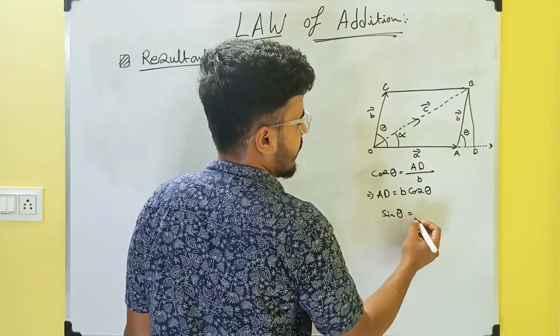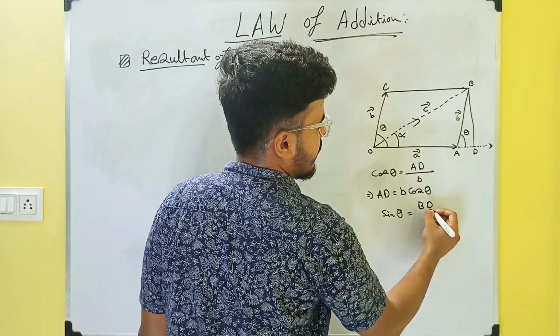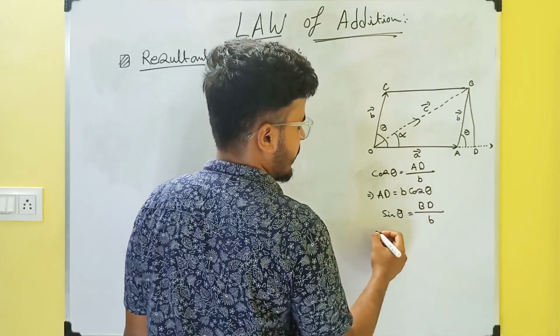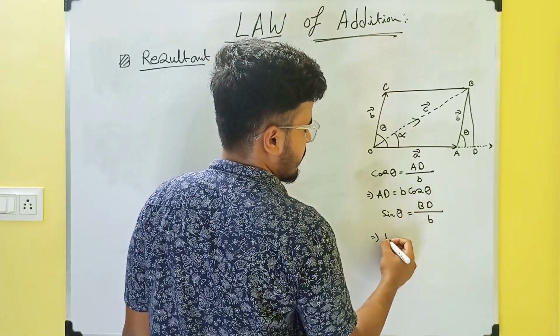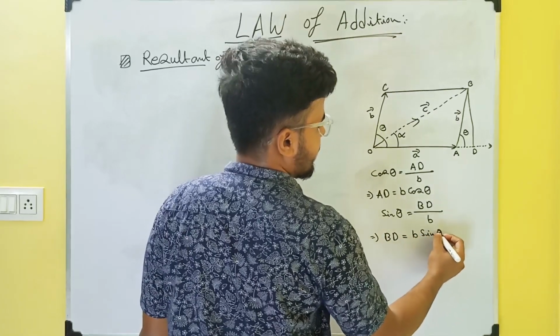From sin theta we can say BD divided by B. From this we can write BD equals B sin theta.